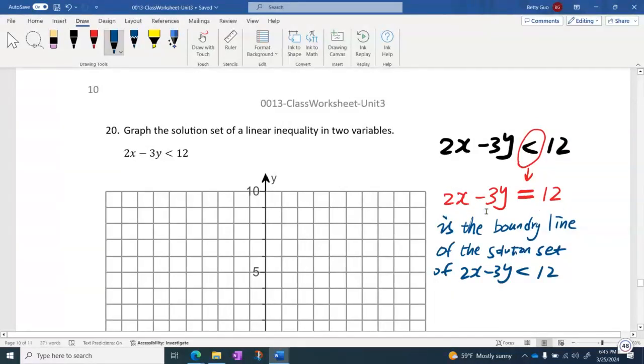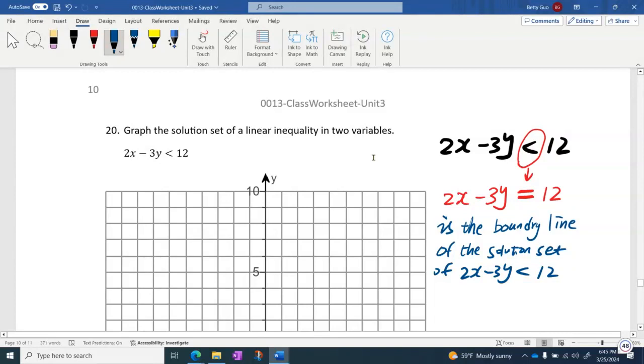And the straight line you got is, you know what, the boundary line. It's not something else unrelated. It's closely related to the solution set of the inequality. And the equation we just got is the boundary line of the solution set of the inequality.